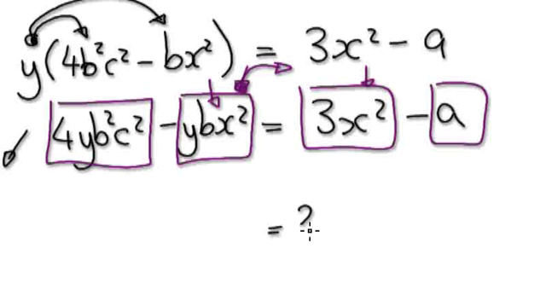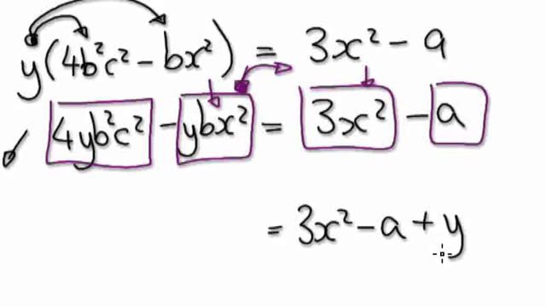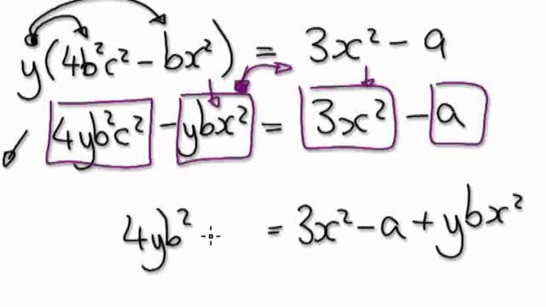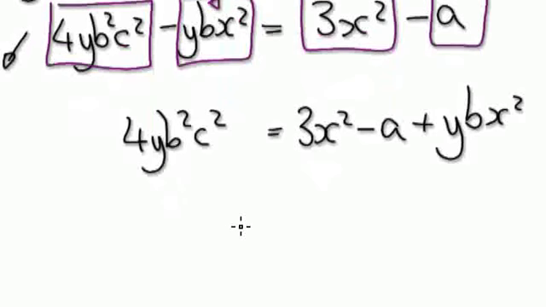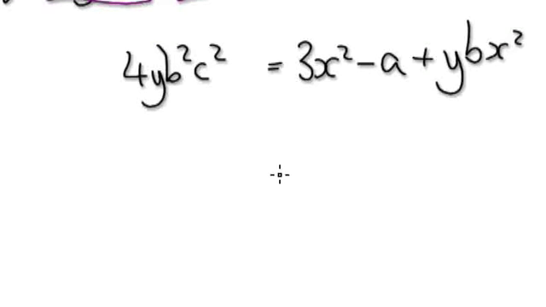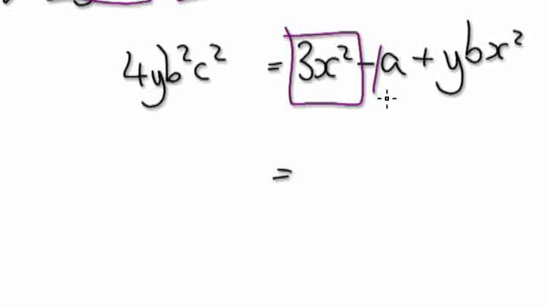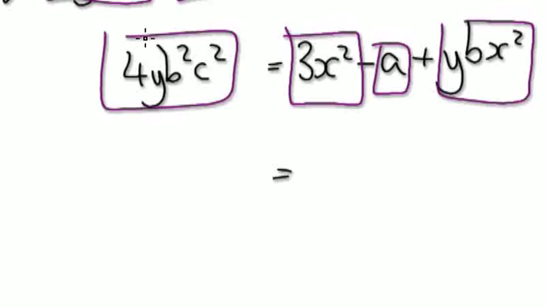So it will be this 3x squared minus a, add ybx squared, and then on this side is just 4yb squared c squared. And now remember, you've got this block here, take away this block plus this block equals this block here.